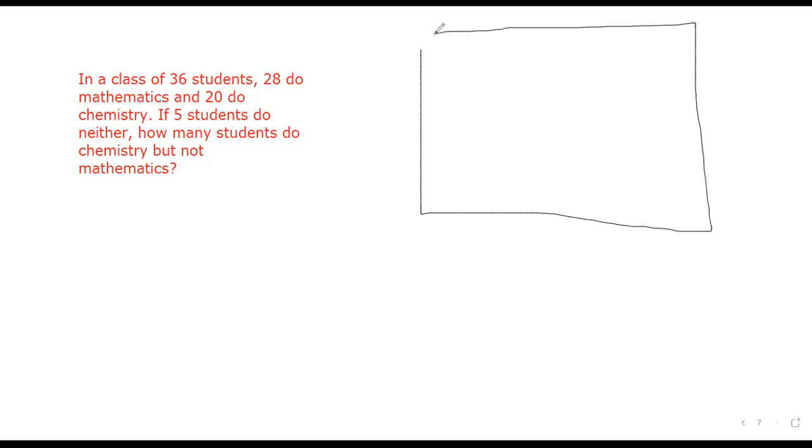I want to do a Venn diagram with two sets represented by maths and chemistry. So what are we going to put here? Math and chemistry. Then we start with the intersection.